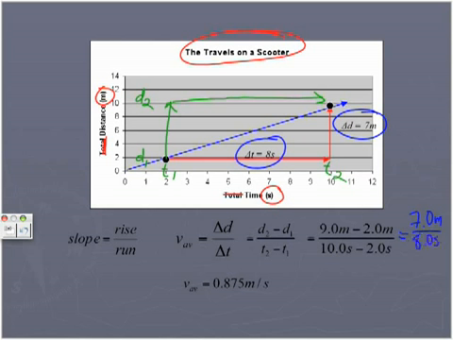So when we divide the two, we get v average is equal to 0.875 meters per second. But again, the rule for significant digits, when we are dividing two numbers, is that our answer has the same number of significant digits as the least number in our question. So we want two significant digits, 0.87. We look at the number immediately following what we're taking, and it rounds to 0.88 meters per second, according to this graph.